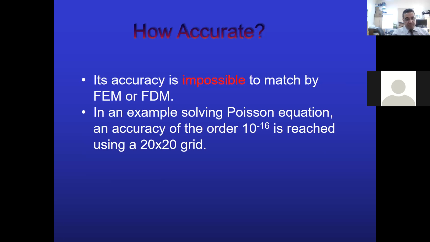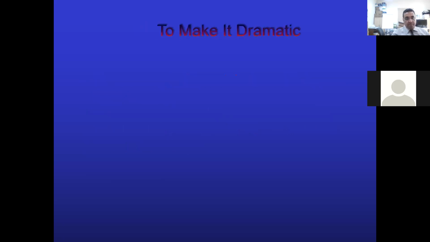If you look at what it takes to solve one operation in finite elements or finite difference, it's very small. The thing is, it takes so many more operations to do this. So this was found, an accuracy of 10 to the minus 16 by using a 20 by 20 grid in the example. Next slide.